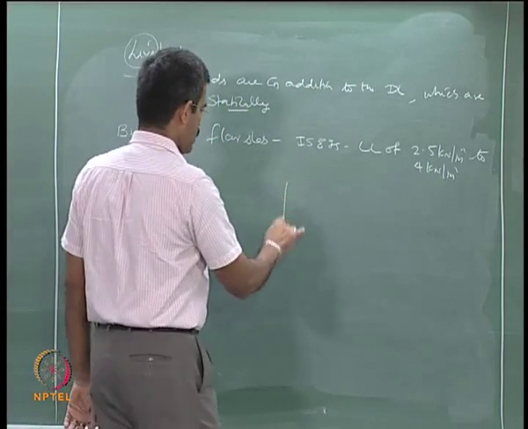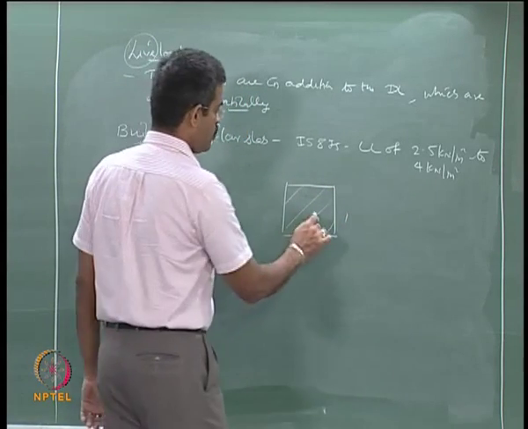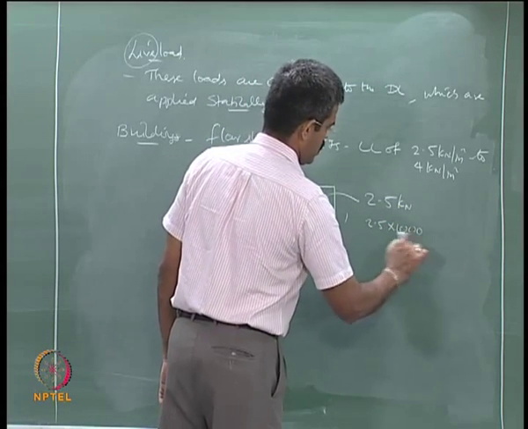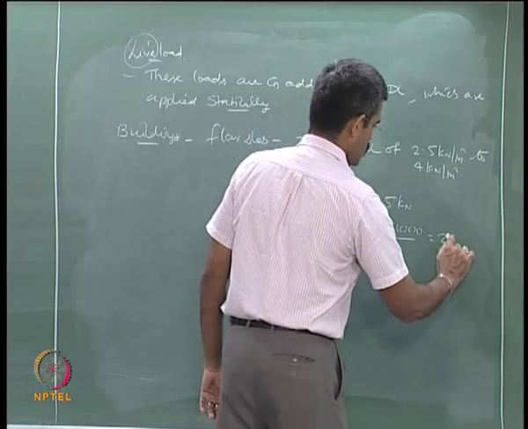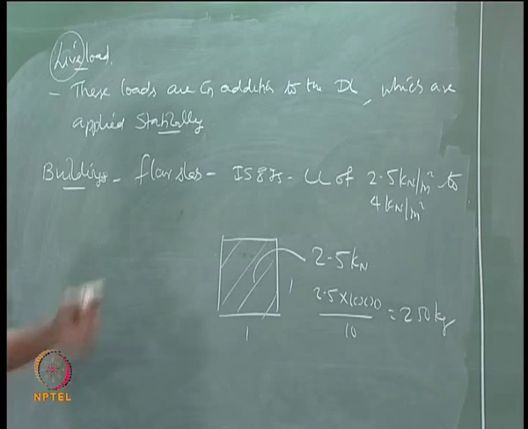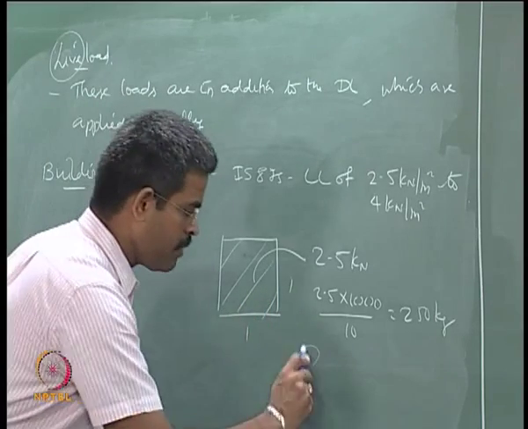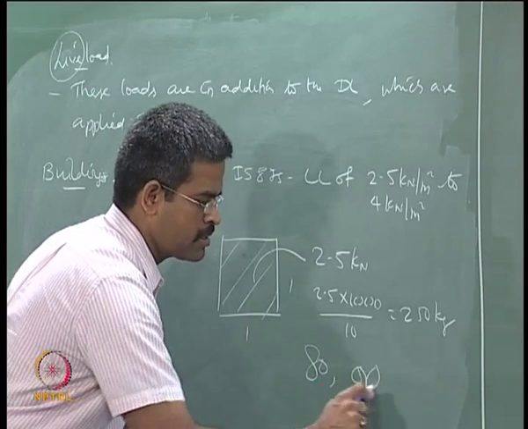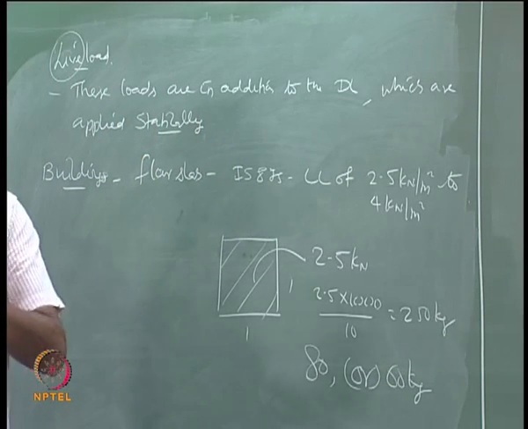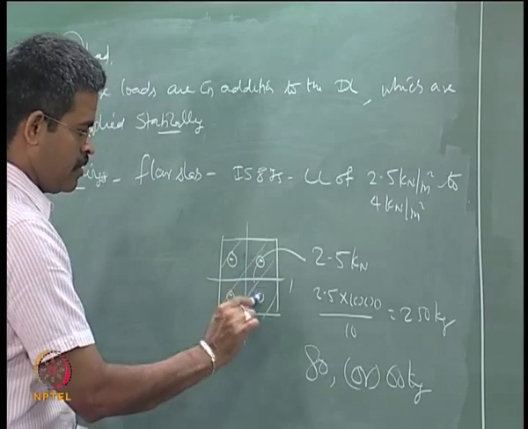What does it mean? In 1 square meter area you can use 2.5 kilonewton, that is 2.5 into 1000 by 10, which comes to 250 kg. It means if you use a live load of 250 kg in 1 square meter, taking an average human weight as 80 or let us say 60 kg, you are approximately allowing 4 people to stand in one floor.